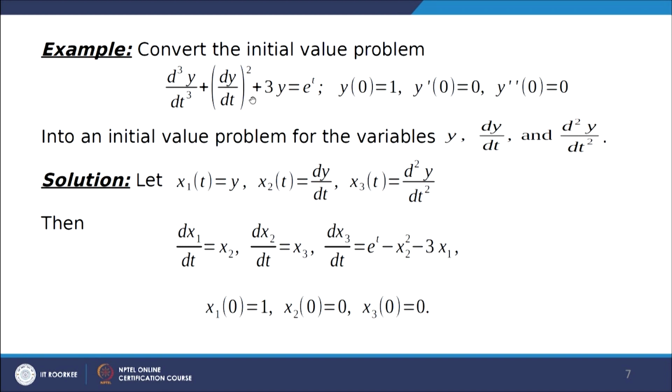So, we get dx_3/dt equal to e^t minus x_2^2 minus 3x_1.